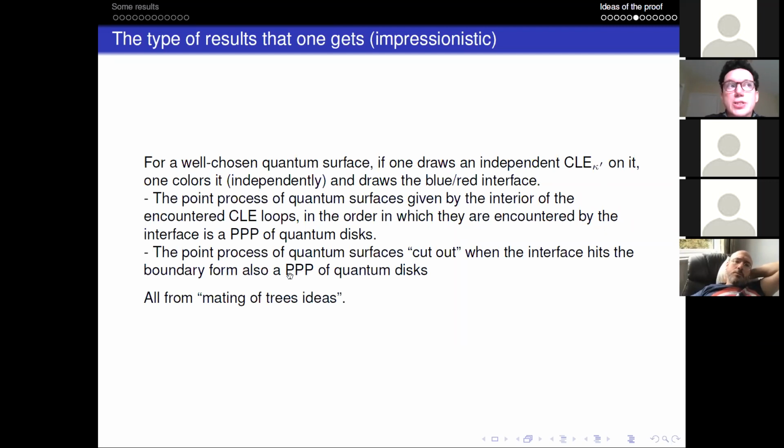And all these features are reminiscent of results that appeared in the mating of trees paper by Duplantier, Miller, and Sheffield. And indeed, they are derived from them. These are some of the CLE version of those results. So it's building on this mating of trees.